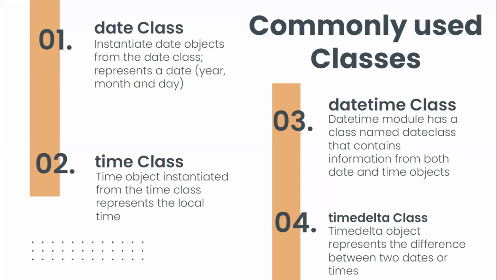There are 4 classes for the datetime library. The first is date, then there's time, datetime, and timedelta. The date class only has dates, time only has time, and datetime has both date and time objects. Timedelta is used to compare the difference between two dates, two times, or two datetimes.